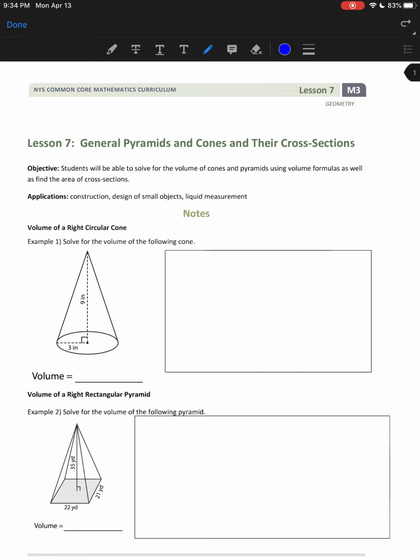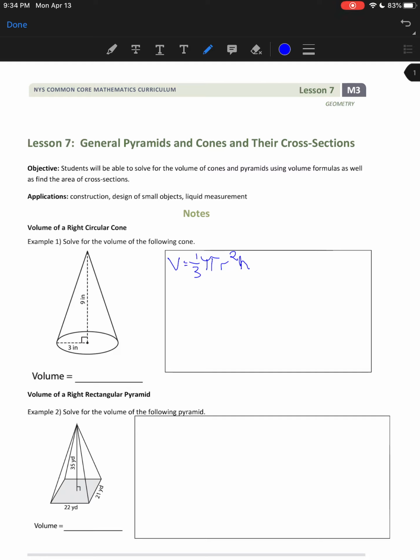As always, we have a formula that we can use to solve for volume. Our formula here is going to be volume is equal to 1/3 pi r squared times h.